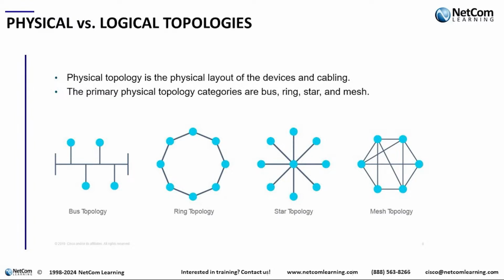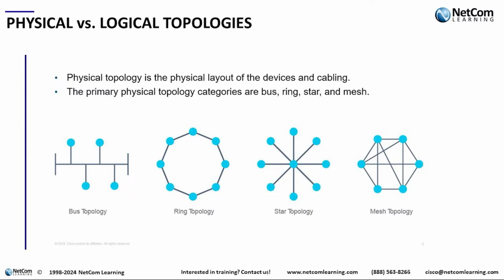There's no disruptions to the network when connecting or removing devices, so it's plug and play. You can easily detect faults to remove parts. It requires a little more cable length than a linear bus topology. And if one of the devices in your network switch fails, everybody else is still connected.